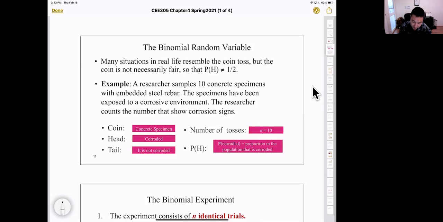The number of tosses here, the number of specimens, is 10. And we can calculate the probability. For example, what is the probability that 8 of these 10 specimens are corroded?